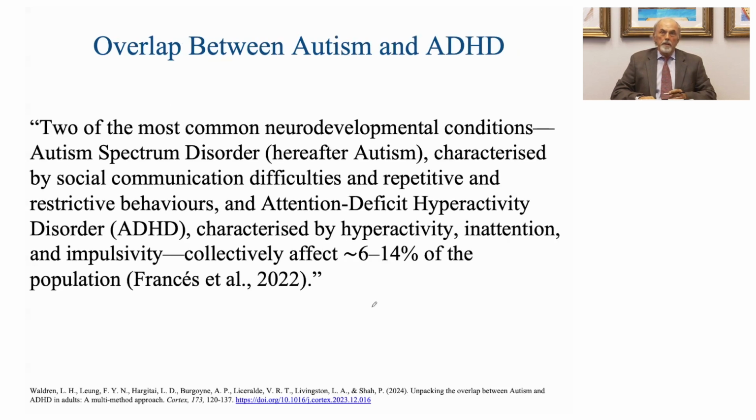So more on this overlap. There's a study done by Francis et al. Two of the most common neurodevelopmental conditions, ASD, autism, characterized by social communication difficulties, repetitive and restrictive behaviors, and ADHD with its associated characteristics, affect 6 to 14% of the population.